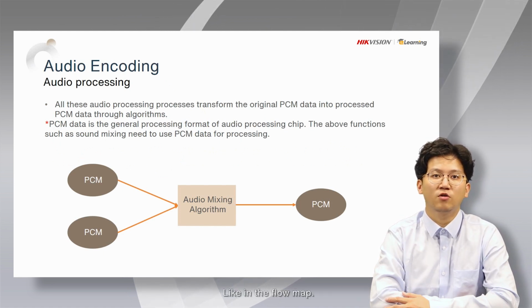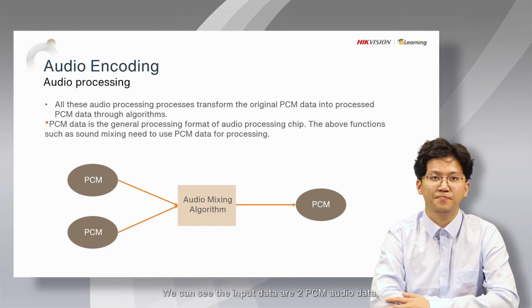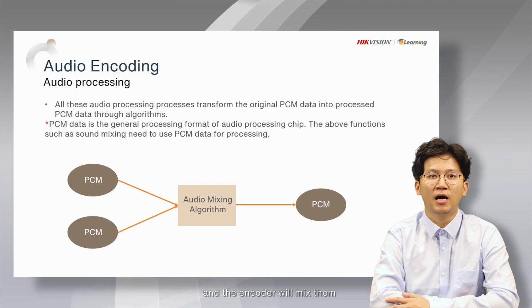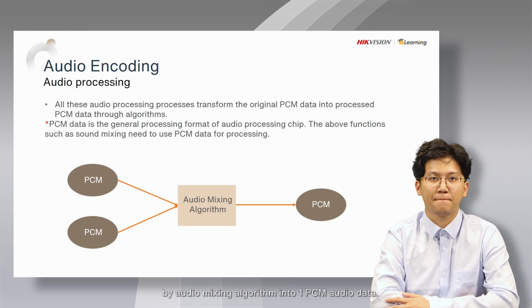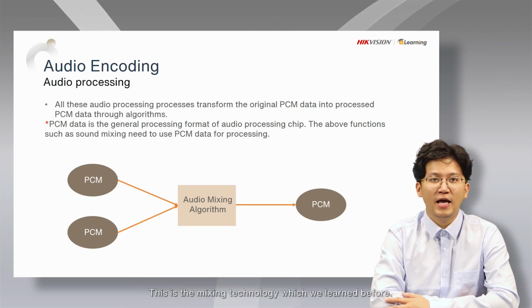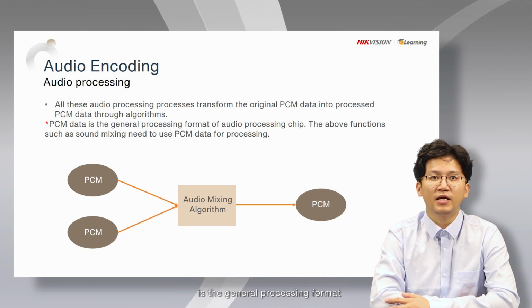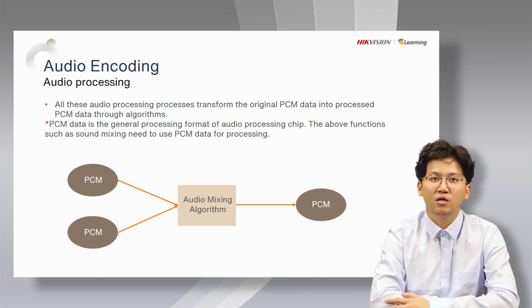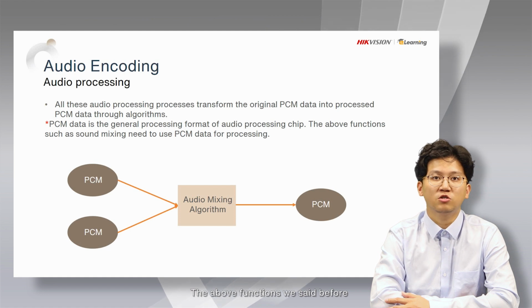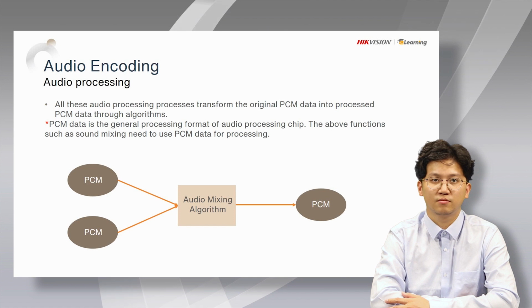Like in the flow map, from the very left, we can see the input data up to PCM audio data, and the encoder will mix them by an audio mixing algorithm into one PCM audio data. This is the mixing technology which we learned before, right? And you have to know that PCM data is the general processing format of audio processing chips. The functions we mentioned before, such as audio mixing, need to use PCM data for processing.